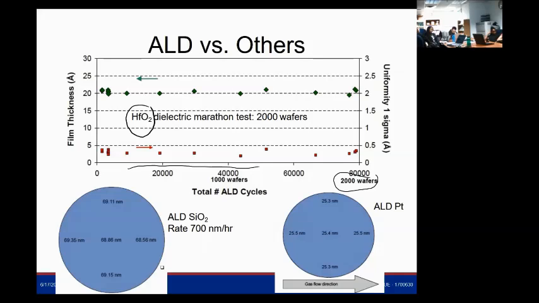And they're looking at the film thickness variation, the uniformity problem. Do you see that? So are they ending up with different thicknesses or not? At the end of the 2,000 wafers, they have ended up with almost the same thickness. What is the thickness? Around 20 angstroms, 2 nanometers, almost every time. Why? Because it's a very controlled process.